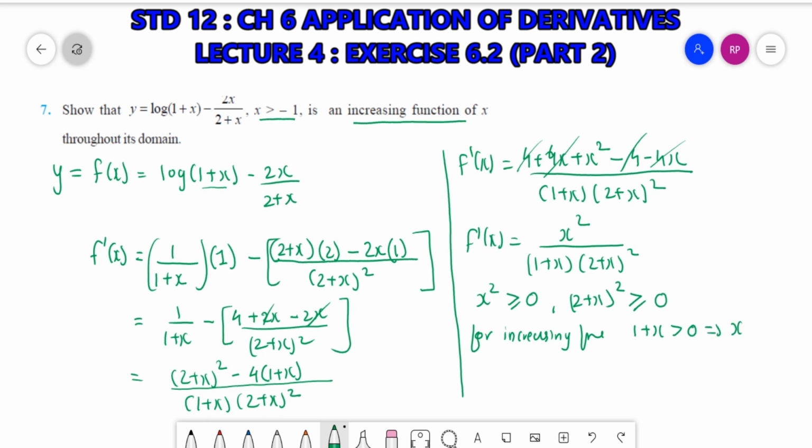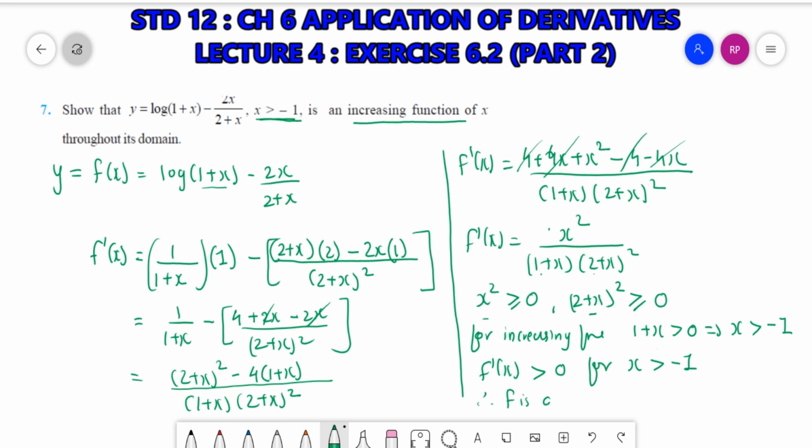That implies x must be greater than minus 1. Now see, it is clearly given x is greater than minus 1. So throughout its domain, x square is greater than 0, 2 plus x whole square is greater than 0, and 1 plus x is greater than 0. So all these three are greater than 0.